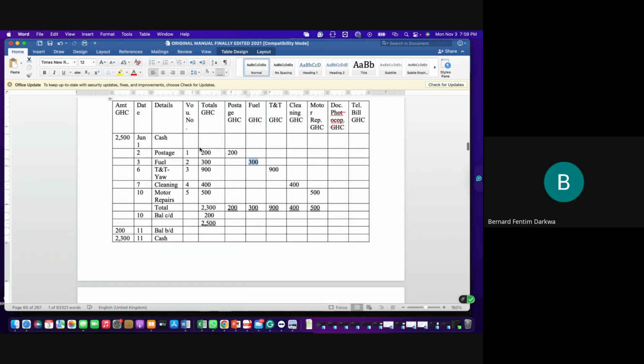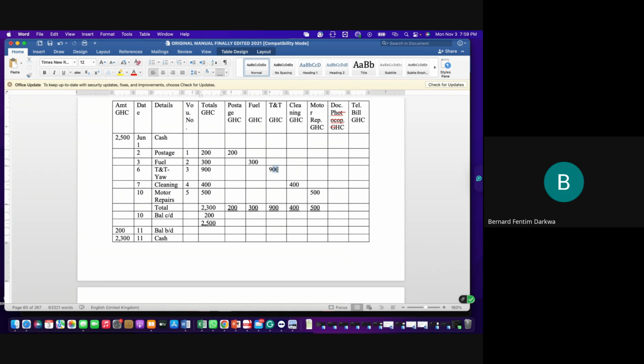Put it under the total first, 900. So you can know that the total amount we have spent is 900 plus the earlier 500, which is 1,400, out of 2,500. So 900 is here. Then you go under TNT and put 900.